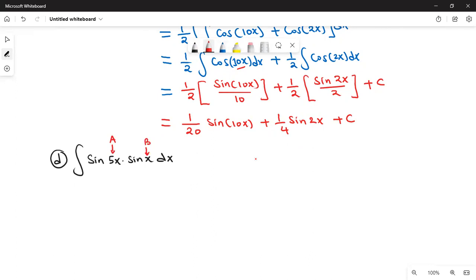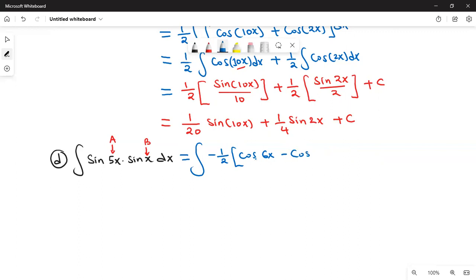We said sine A times sine B is the same as negative 1/2 in bracket, cosine of the sum minus cosine of the difference. So this can be written as the integral of negative 1/2 times cosine of the sum, 5x plus x, that is 6x, then minus cosine of the difference.